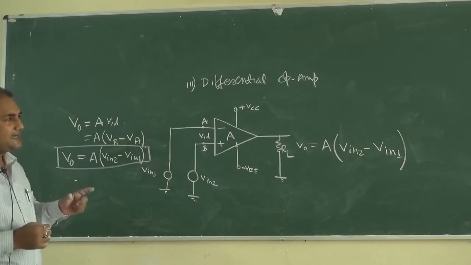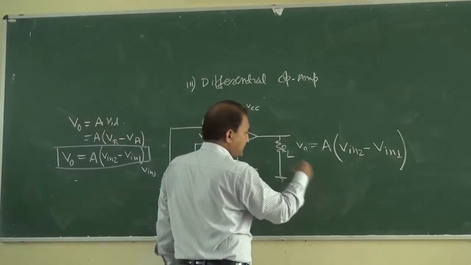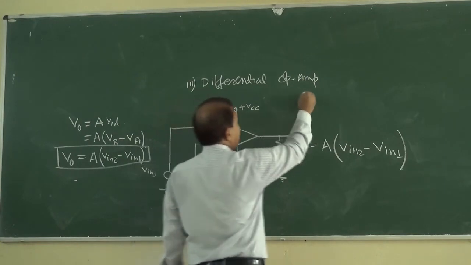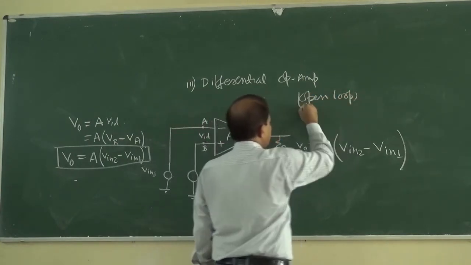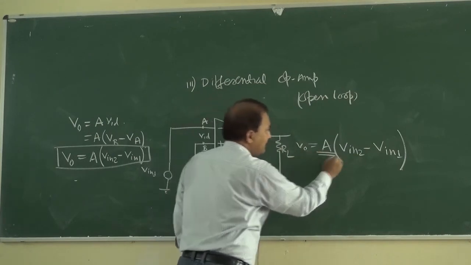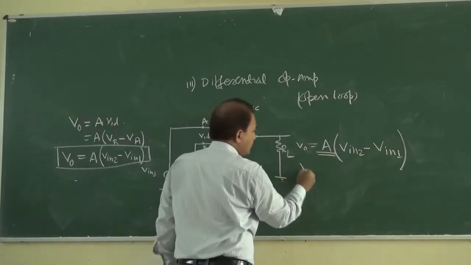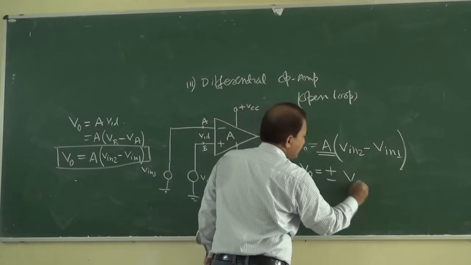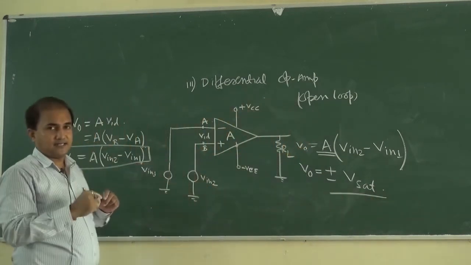For this differential operational amplifier in open loop configuration, also due to the very high value of A, V output again goes to plus or minus Vsat for a very small input voltage.